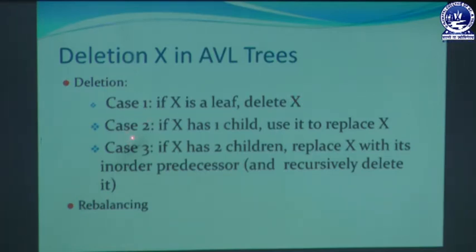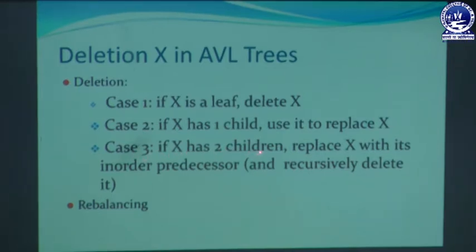In case 2, if X has one child, that may be a left child or a right child, that is, the node which I want to delete has one child, then simply replace X with that child, that means that child of the node replaces the deleted node. Then comes case 3.